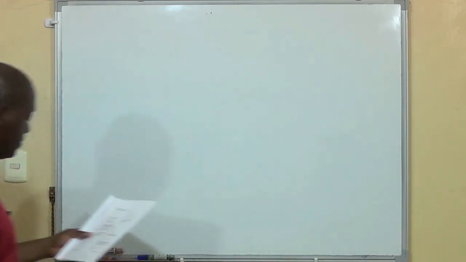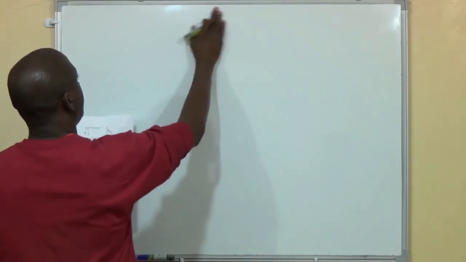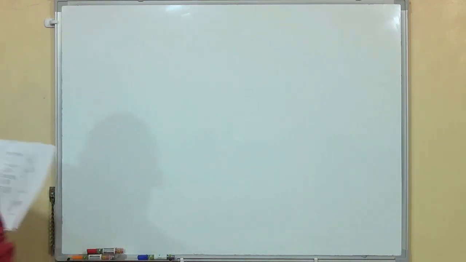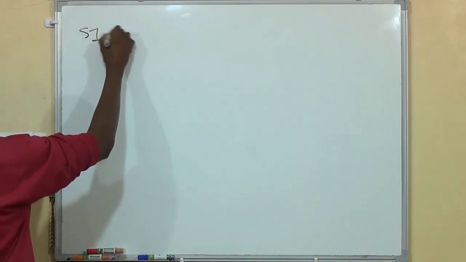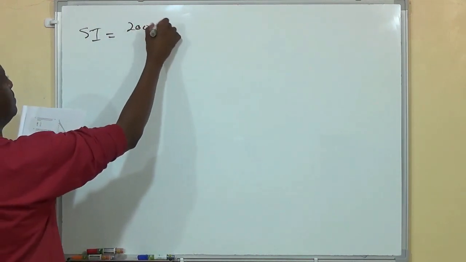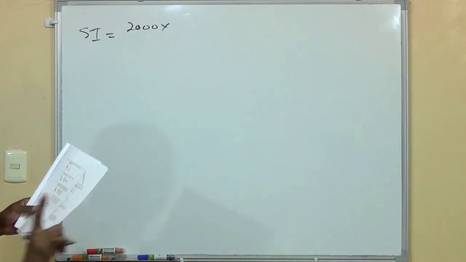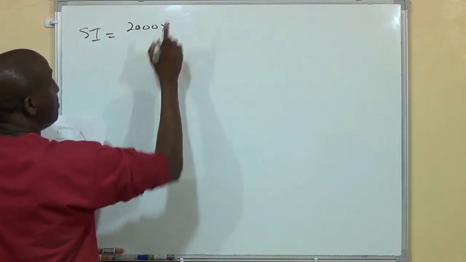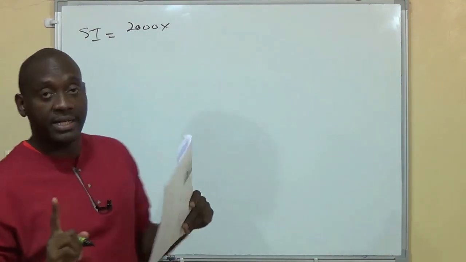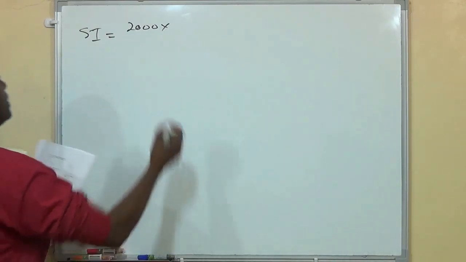Right, so let me just work it out now to demonstrate what I'm saying. Let me do it the easy way first. 8.5 minus 6 is 2.5, right? So the simple interest would be principal by rate by time over 100, which would be 2,000 by, and we're using the 2.5% as the rate. Remember, in a multiple choice you don't have the calculator, so I'm not going to use the calculator in working it out here.